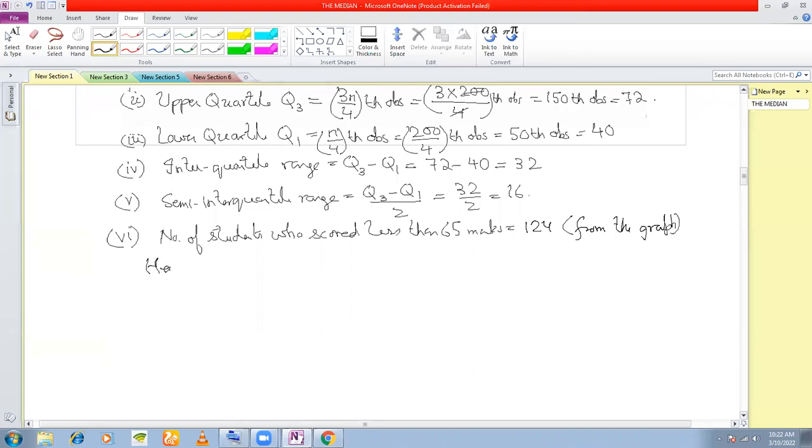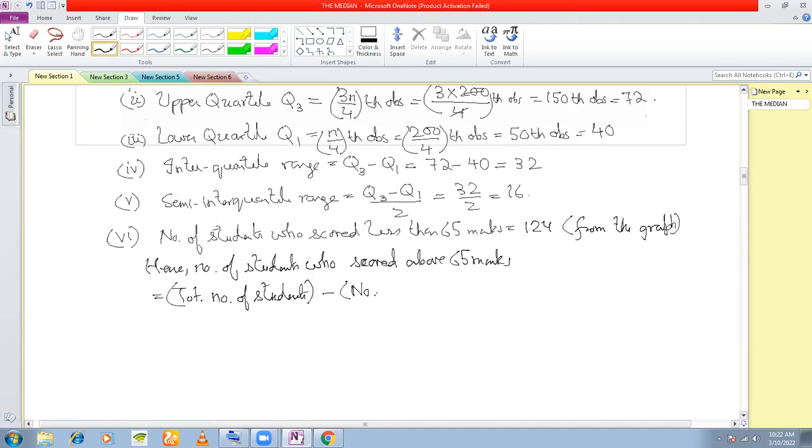Hence, how many students scored above 65 marks? Total number of students minus number of students who have scored below 65 marks, right? Hence, number of students who scored above 65 marks will be equal to total number of students minus number of students who scored less than 65 marks.